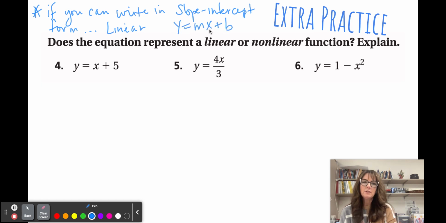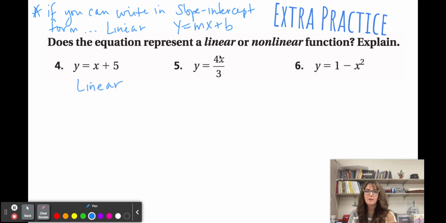The one thing to note is that in slope-intercept form, the exponent is always 1, right? We call that a first degree linear equation. All right, so look at that, slope-intercept form, therefore it is linear.